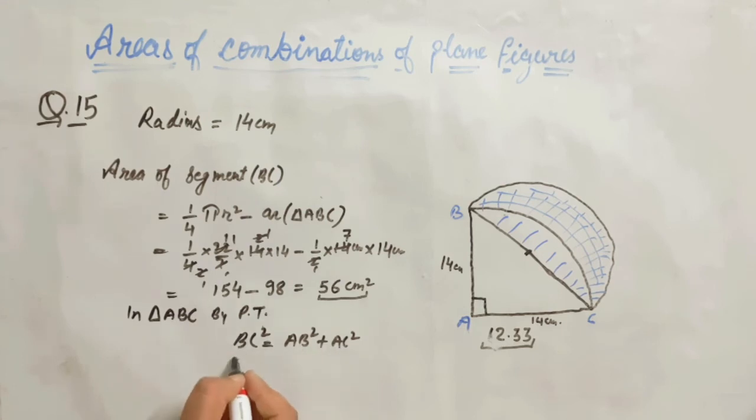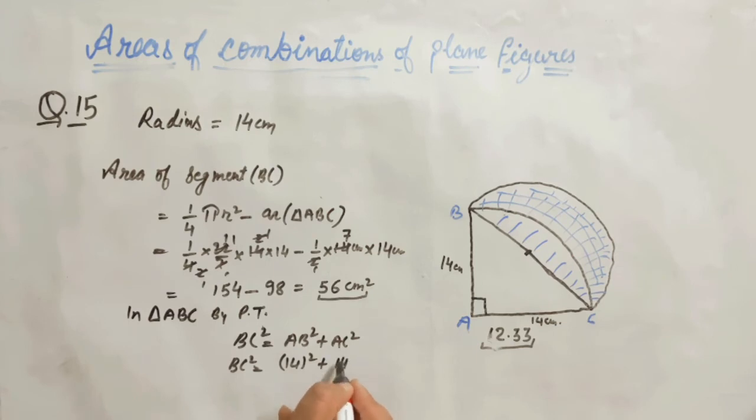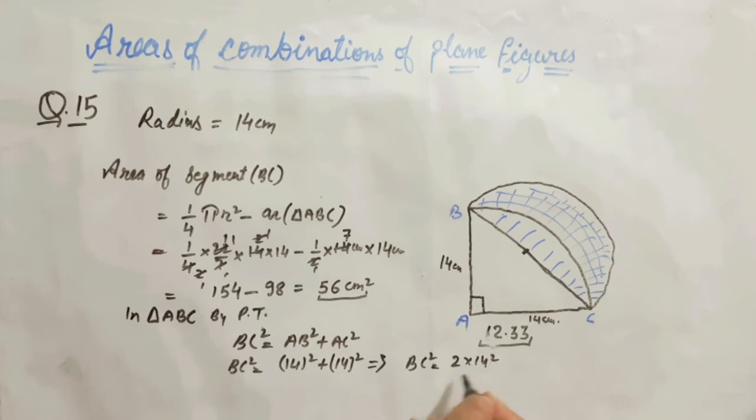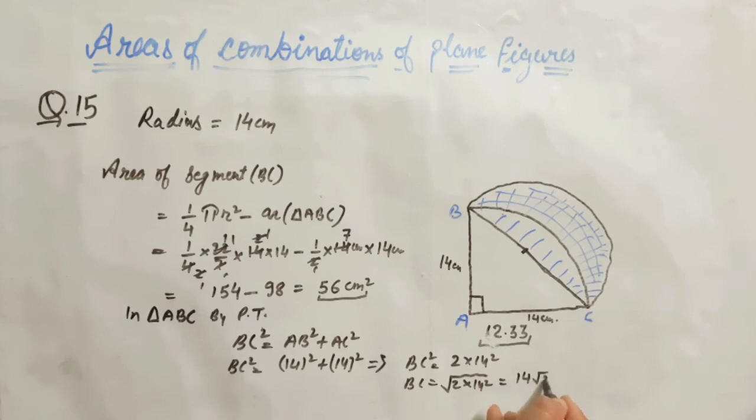So BC square will be equal to 14 square plus 14 square. This can be written as BC square equals 2 times 14 square, and BC will be equal to square root of 2 times 14 square, which will be equal to 14 square root 2 centimeter.